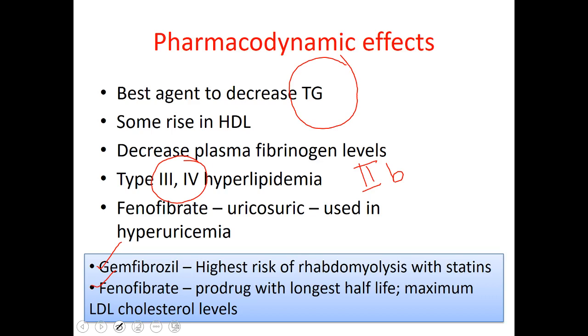Fenofibrate is the safest to combine with statins, and it is also the fibric acid derivative which causes maximum reduction in LDL cholesterol. So, that will support the statins therapeutic effect of reducing LDL. In addition, fenofibrate increases the excretion of uric acid. So, it is also preferred if you have a patient with gout or hyperuricemia.